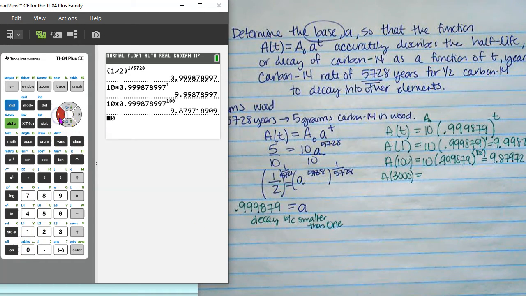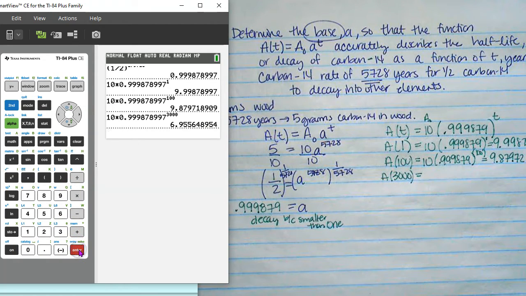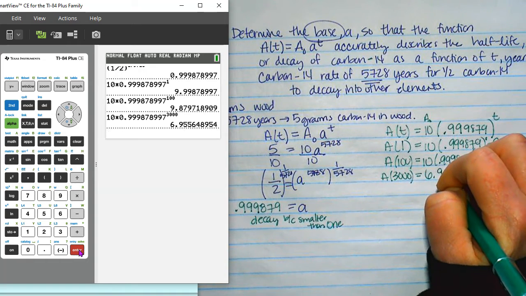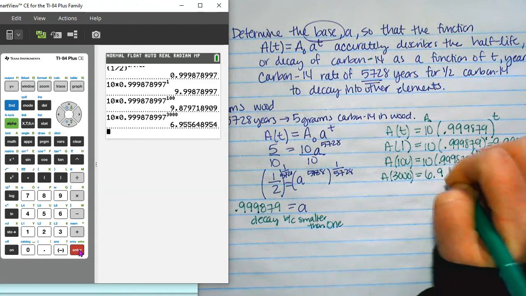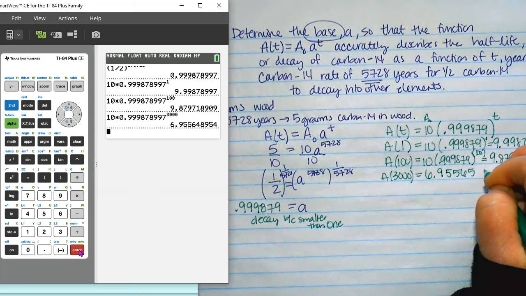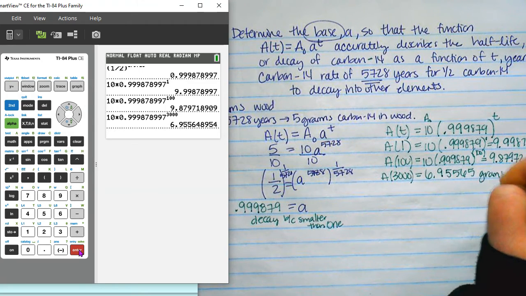I'm going to go up here and just use this one, and I'm going to change 100 into 3,000. I've got 6.95565. And so this would be grams of carbon-14.